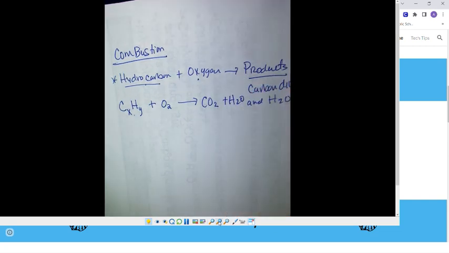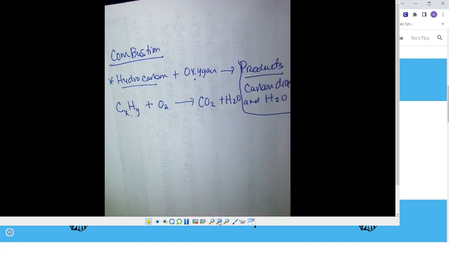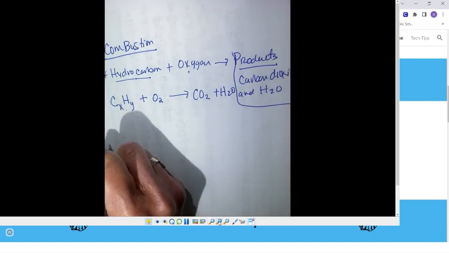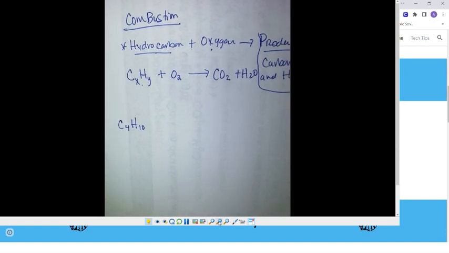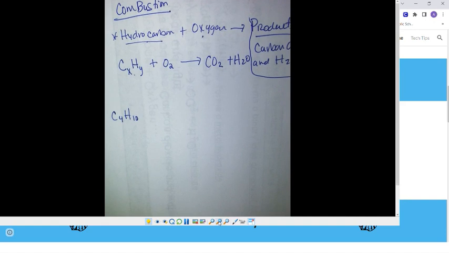Now, of course, you're going to have to do your own balancing. So if I was to say butane, C4H10. That's the gas that's found in lighters. Hopefully you just know about the little lighters because you light candles with them.